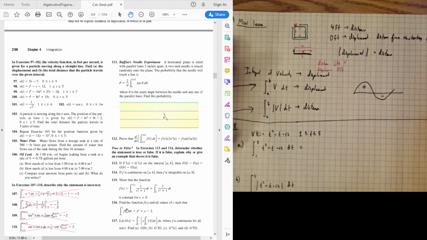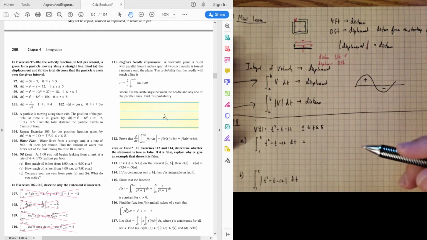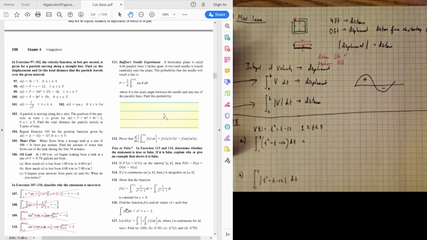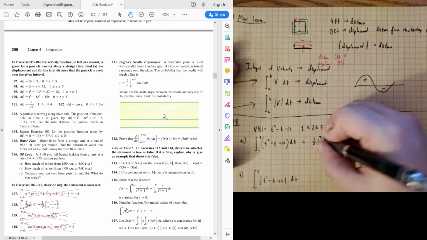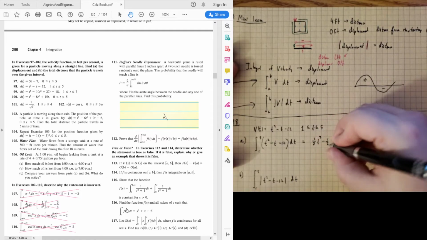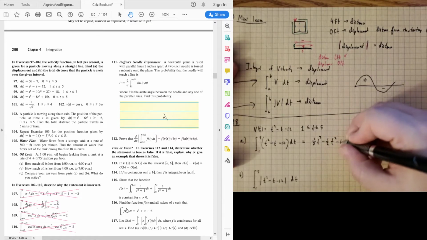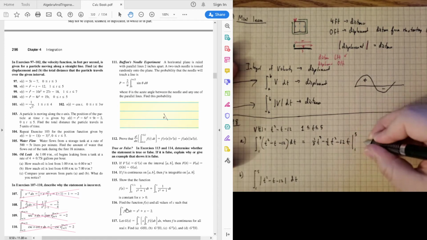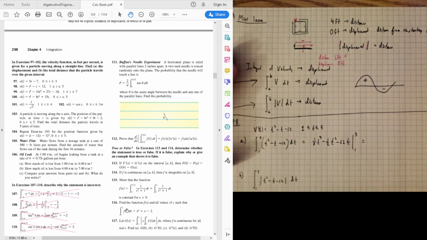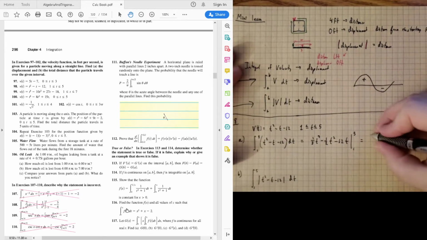Okay, part A. So I've got the function. Let's integrate. This will become 1/3 t cubed minus 1/2 t squared minus 12t, evaluated from 1 to 5. Your basic integration, very helpful here. Okay, now let's do the two components.